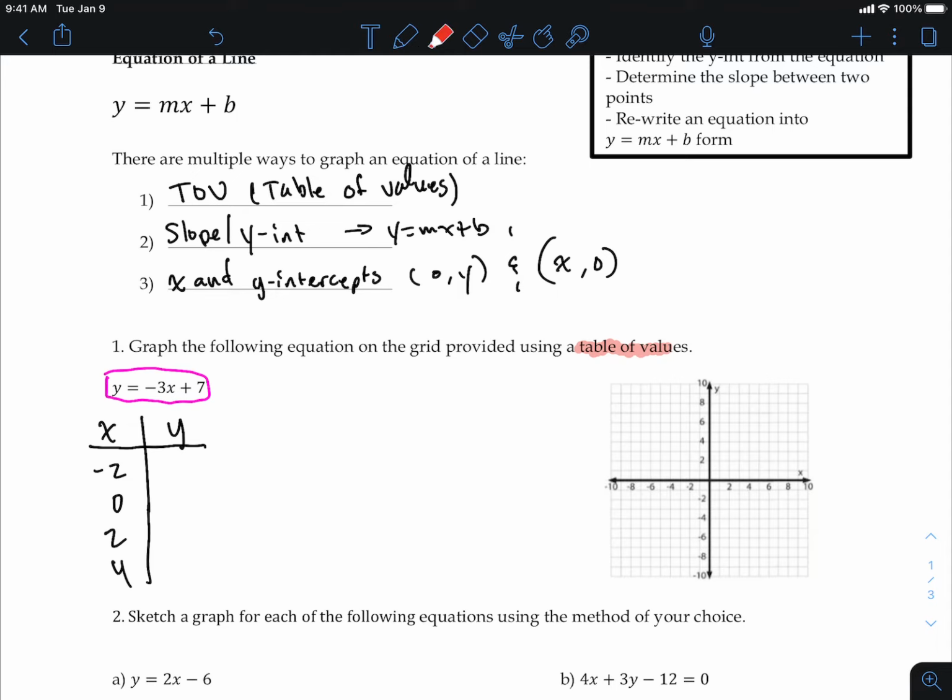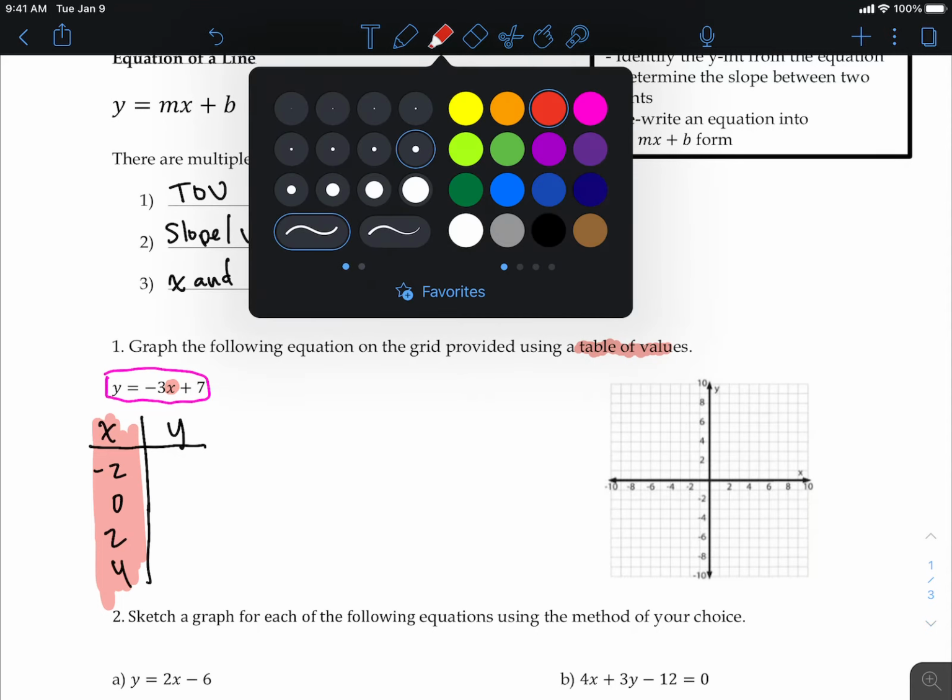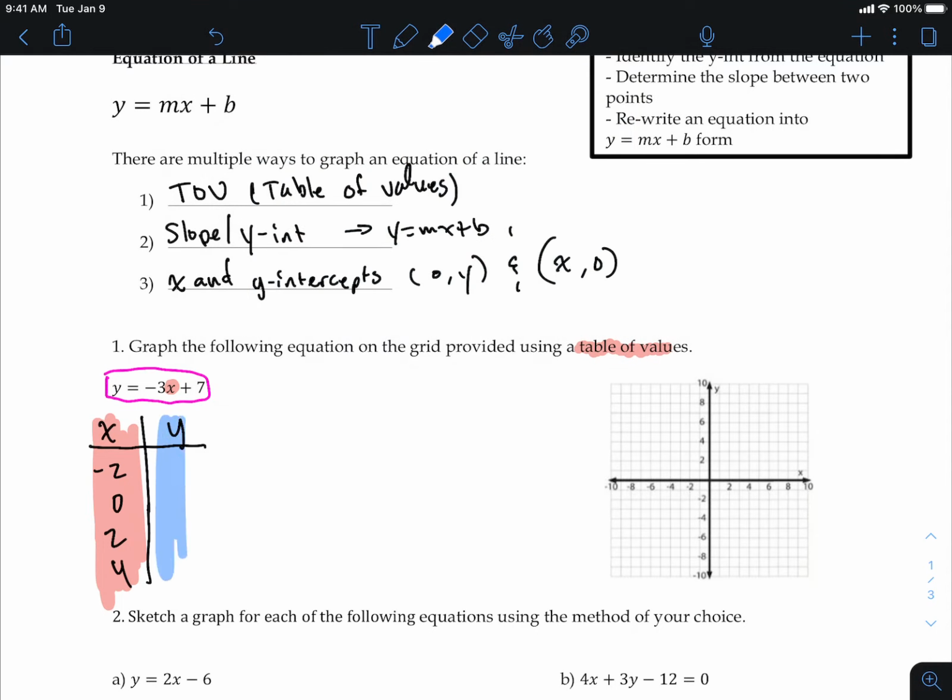So with that in mind, we have things that we input into the machine, X values, and on the other end, it spits out Y values. So we call them function machines. This is just a very basic function machine, okay? We input things, it spits out outputs.